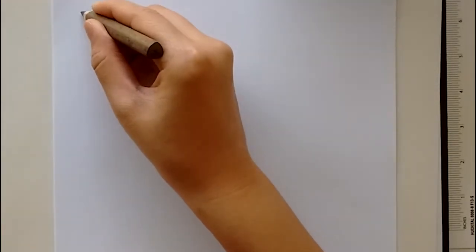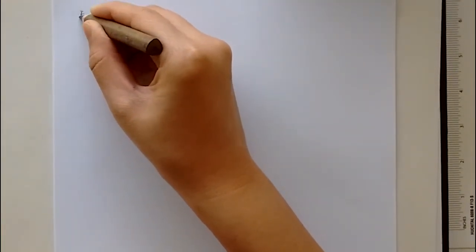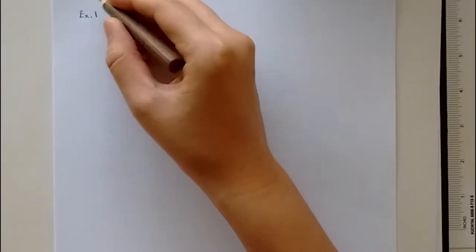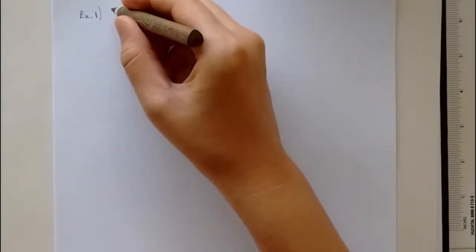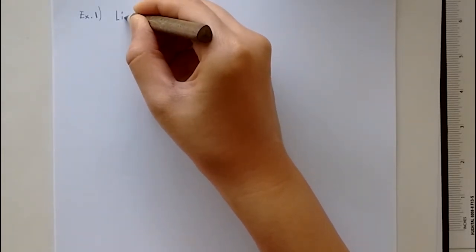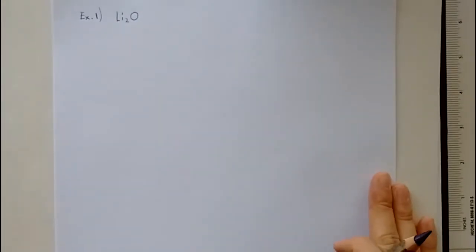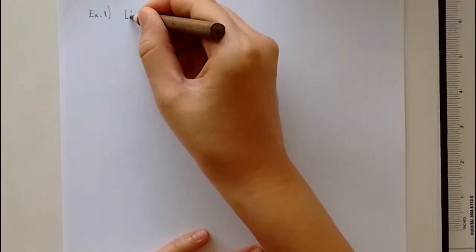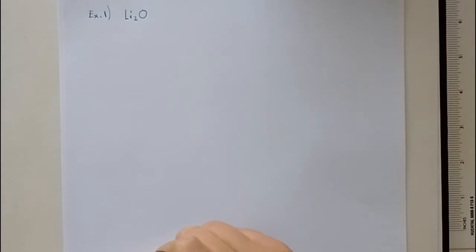So example number 1. Give the name of this compound. The first step here is to know which elements we are dealing with from the symbols.